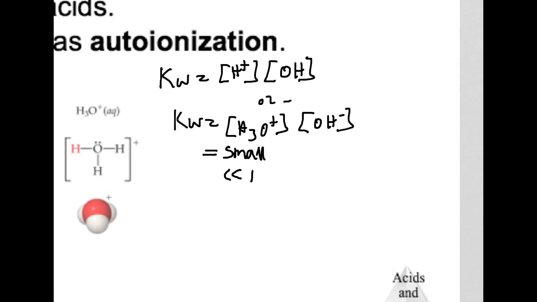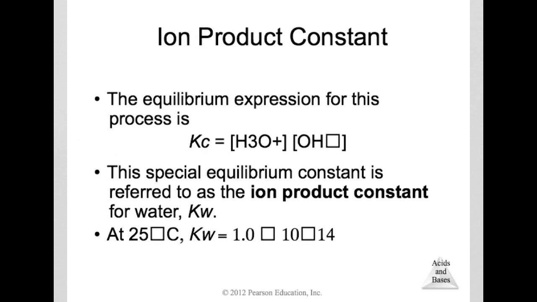So this is sometimes how the Kc is written for water, and it is such an important thing that it is written as Kw. At 25 degrees Celsius, the Kw is 1 times 10 to the minus 14. The equilibrium constant for water, like any equilibrium constant, is ridiculously dependent on temperature. 25 degrees Celsius is the current accepted standard room temperature.